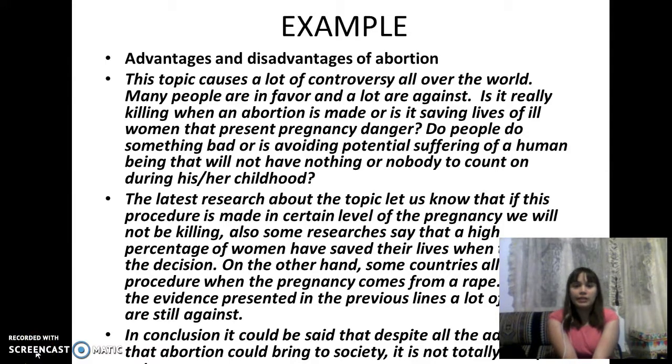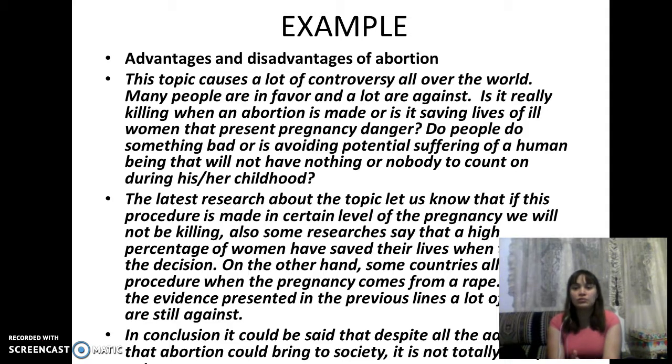Okay, an example is the advantage and disadvantage of abortion. This topic has caused a lot of controversy all over the world. Many people are in favor and a lot are against.